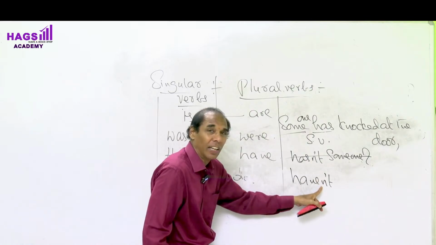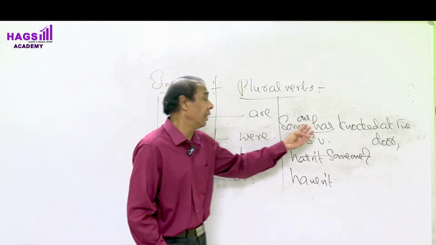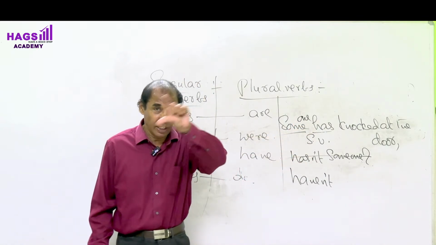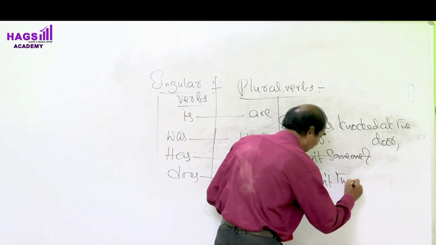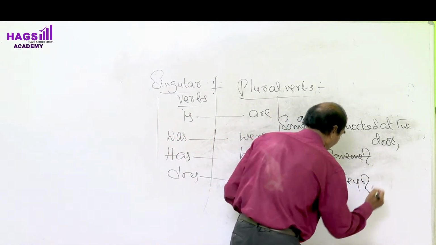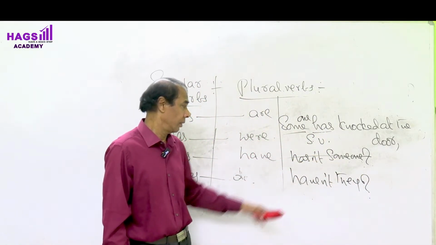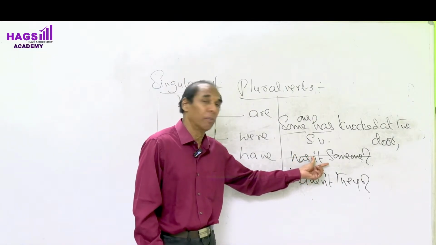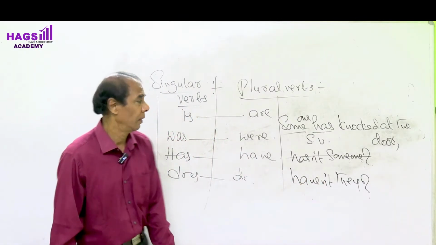Question tag must be negative. This is common. Haven't. Next, what I told you? In the place of all these 6 words, use they. Haven't they? Note down. This is wrong, okay? This is how every student makes mistakes. But this is the exact answer. Note down.